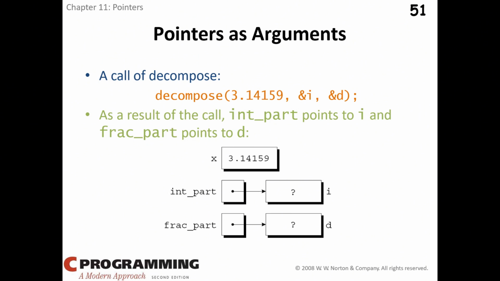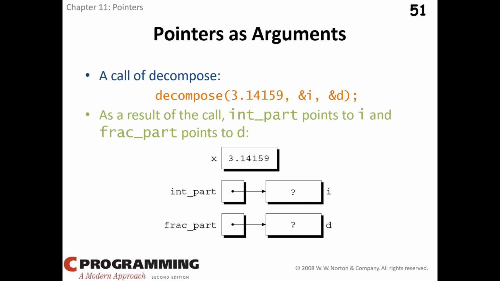Inside the function, these pointers are used to access the memory locations where i and d are stored in the calling function. As a result, the parameter integer part points to the memory location of variable i, while the parameter fractional part points to the memory location of variable d.